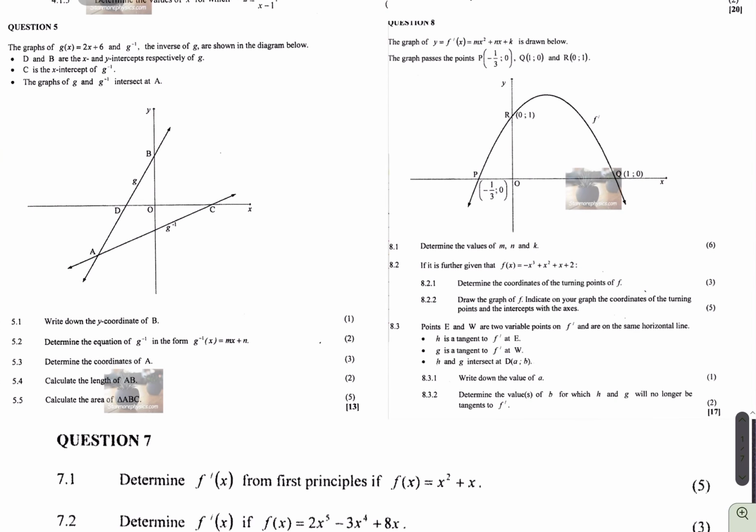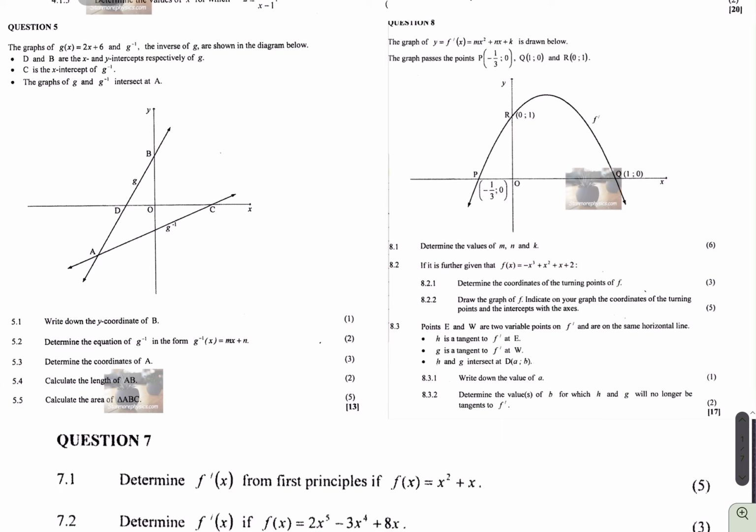Okay. What is happening there in question 5? They are giving you the graphs of g of x, which is given by 2x plus 6, and the graph of the inverse, which is g inverse, and the graphs are shown in the diagram below.